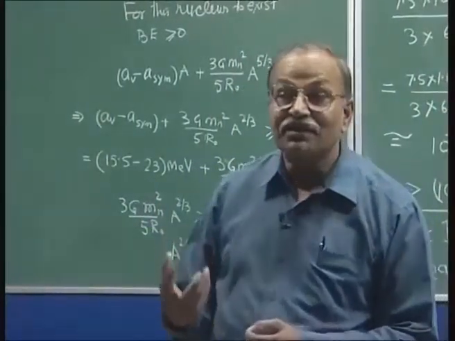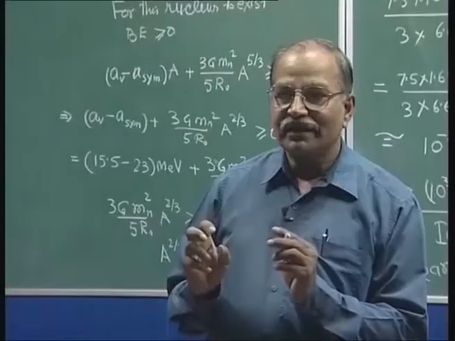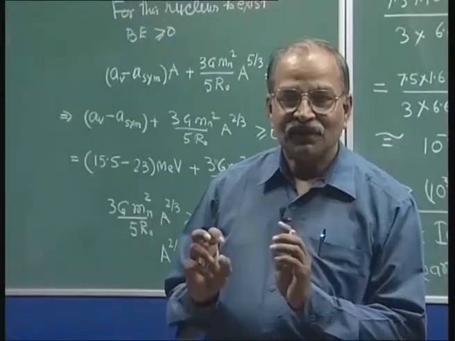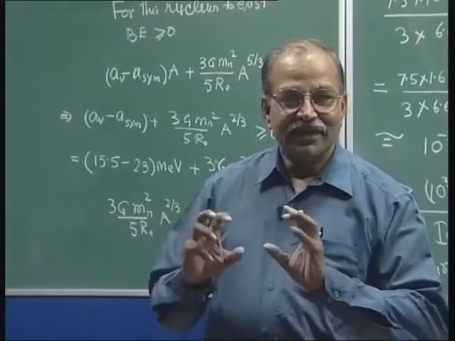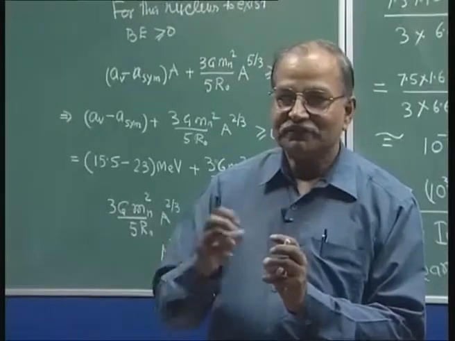So, it is a charged drop. So, in a liquid drop the interaction between molecules is also short range, because molecules are electrically neutral. Okay. And the interaction between molecules is coming from electromagnetic interaction only.